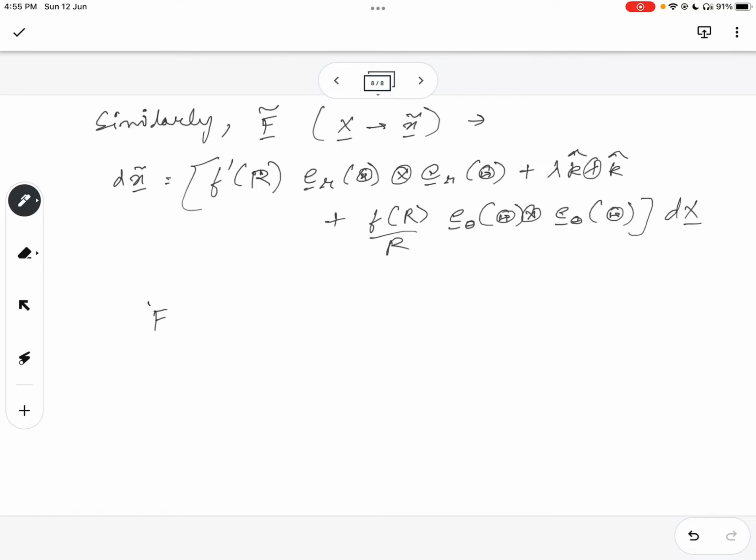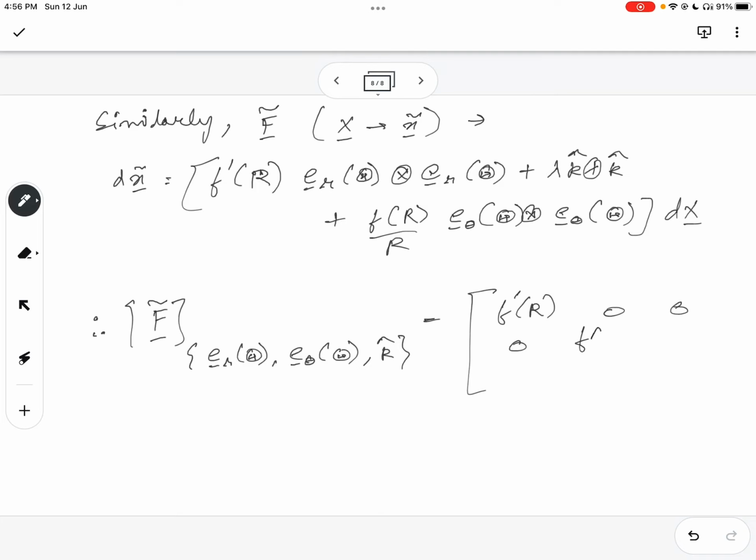Therefore, f tilde again in the e_r(θ), e_θ(θ), k̂ basis can be written in matrix form as f′r, 0, 0; 0, f/r, 0; 0, 0, λ.